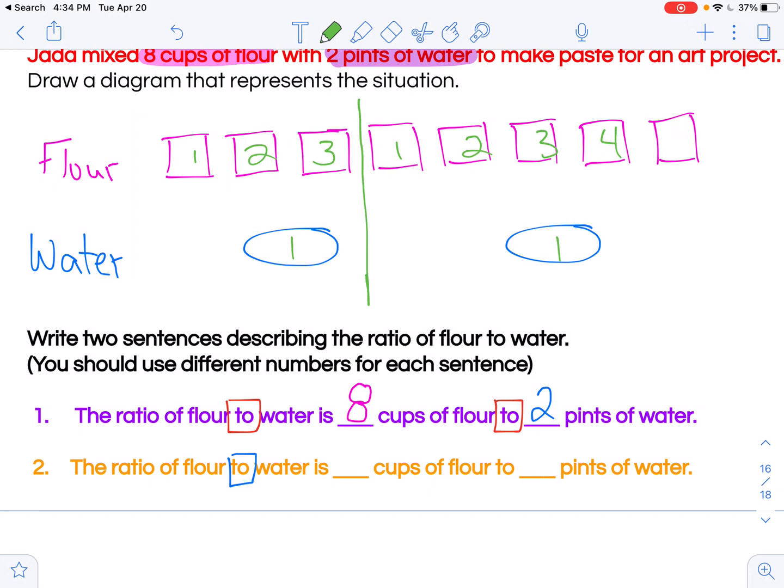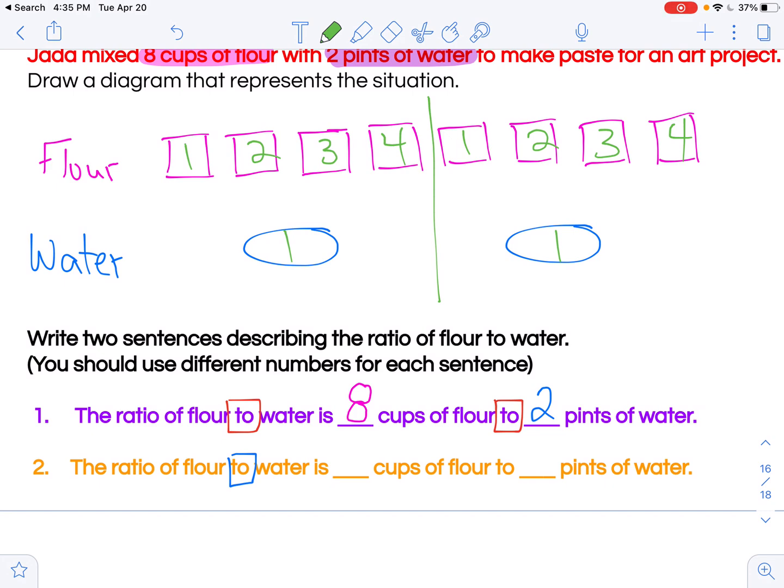I need to make them equal. So I'm going to move the line over and say, whoops, kind of missed there, and say 1 water and 4 flour. 1 water and 4 more flour. These are equal groups. So this is a correct way to also interpret the ratio.